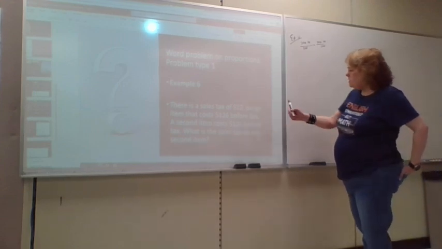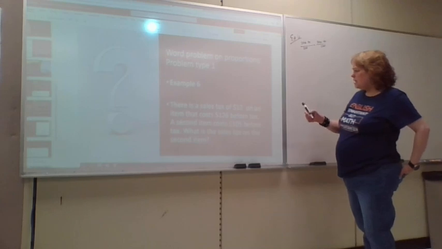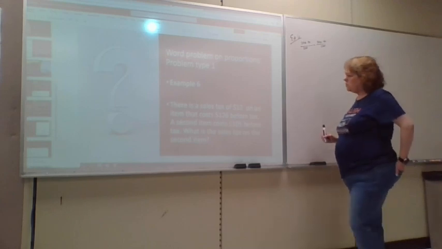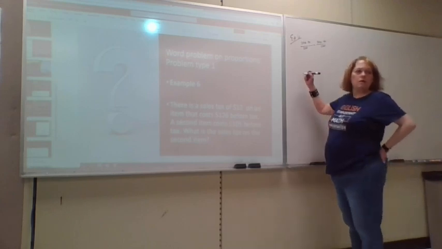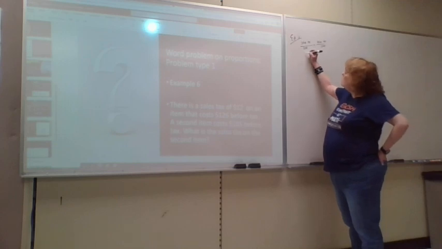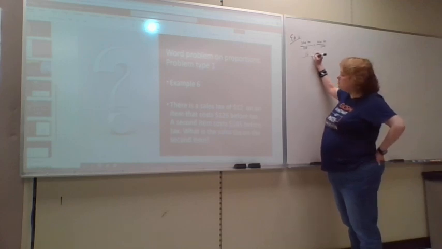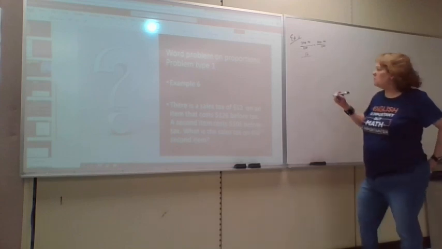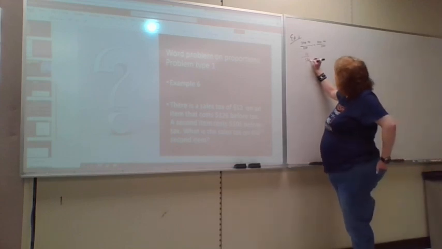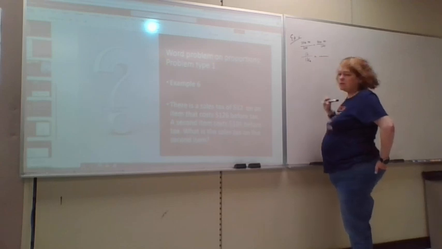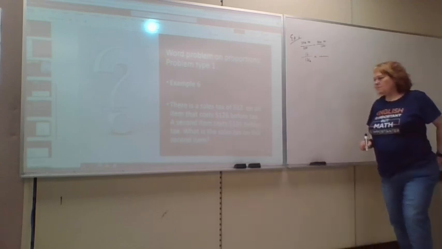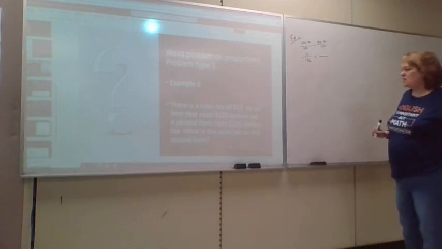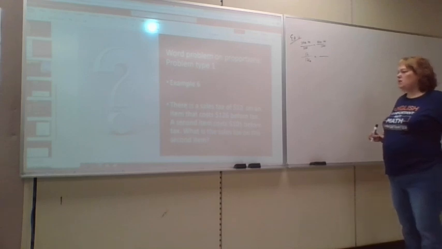In the first sentence, a sales tax of 12. Where am I going to put that 12? On the top. Good job. Where am I going to put the 126? On the bottom, equals something. Then the second sentence is, a second item costs $105.